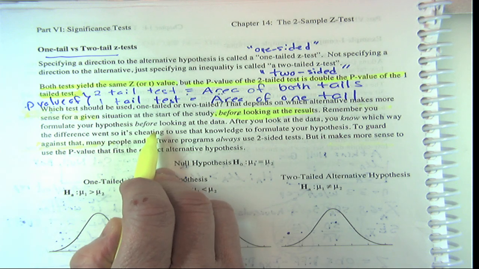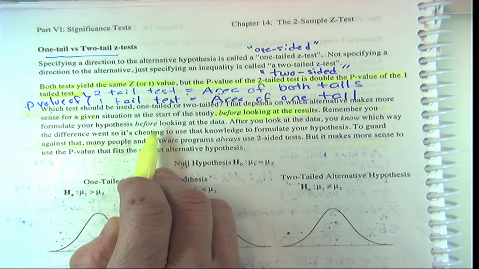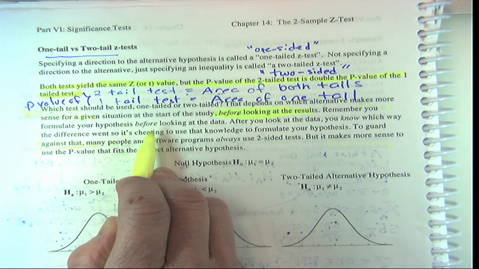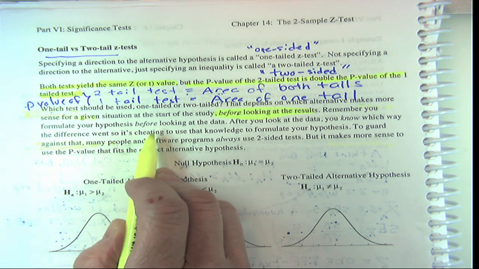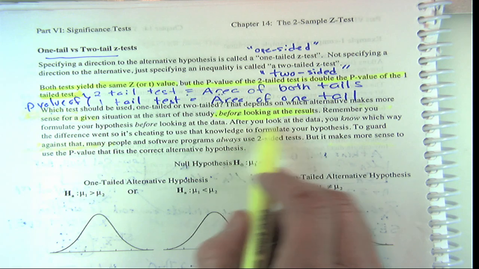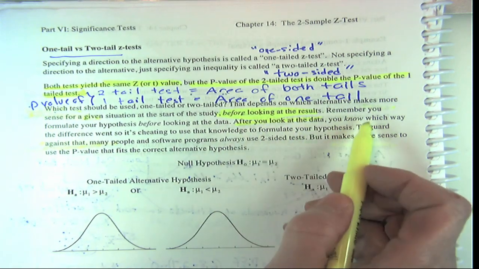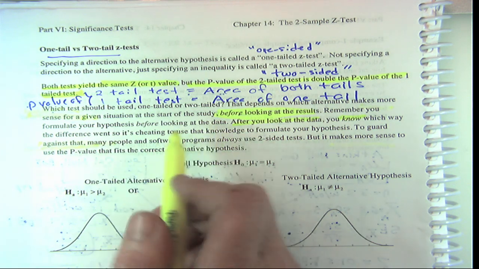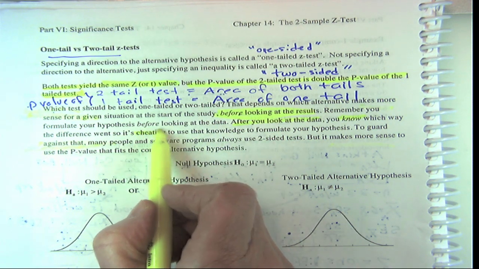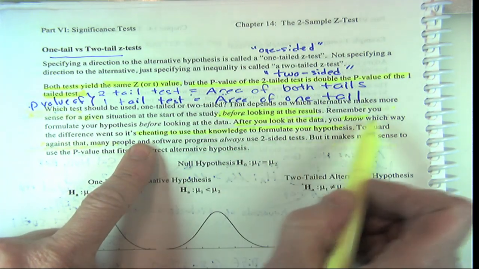You form a hypothesis, and then you collect data to test the hypothesis. So you can't then change your hypothesis once you look at the data. That's cheating. After you look at the data, you know which way the difference went, so it's cheating to use that knowledge to formulate your hypothesis.